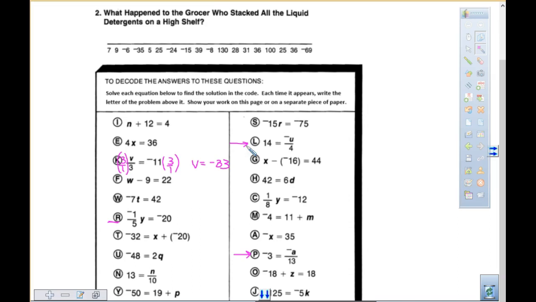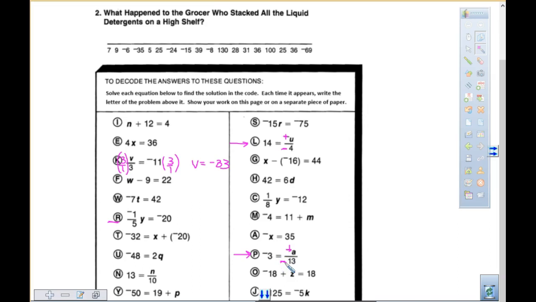Inverse of division is to multiply. But this negative kind of messes with us. So what I want you to do is move the negative to the denominator with the number and make that a plus. If this is a minus, you want to do this now on your paper. You want to change the negative to a plus and put the negative with the 13.